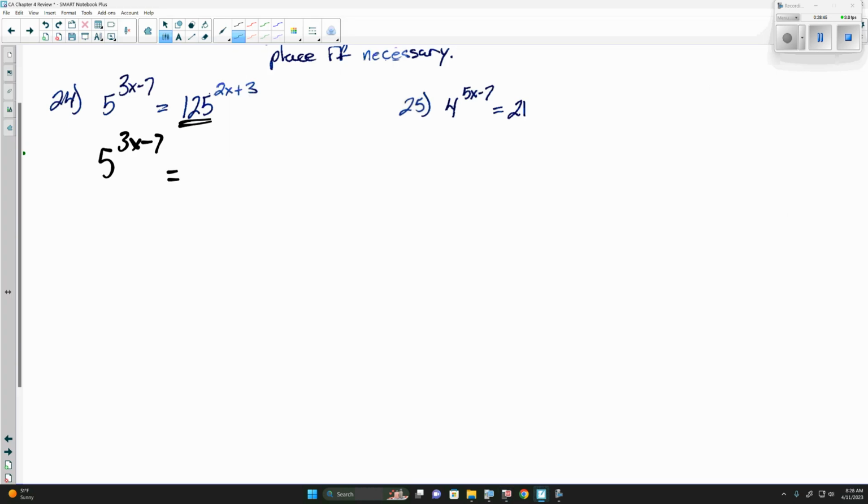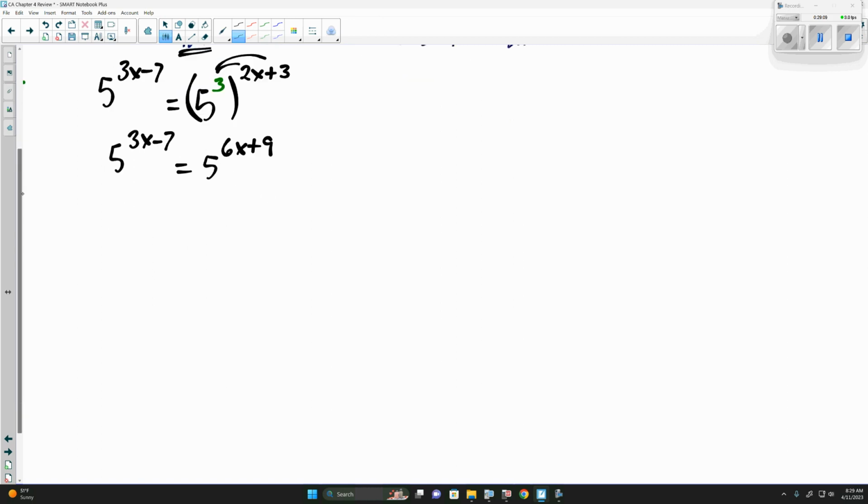And the reason I say that is because if we change 125 to 5 to the third, we now have the same base on both sides, which we can simplify the right-hand side, multiply through by 3, and we get this here, our one-to-one property.